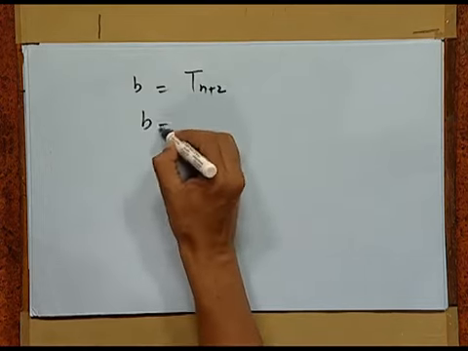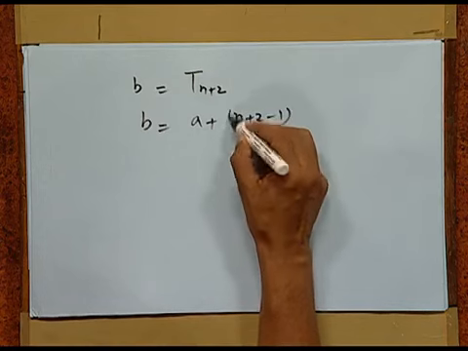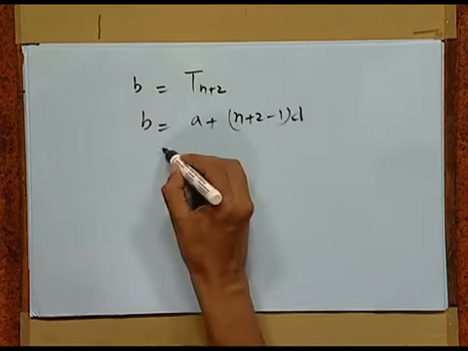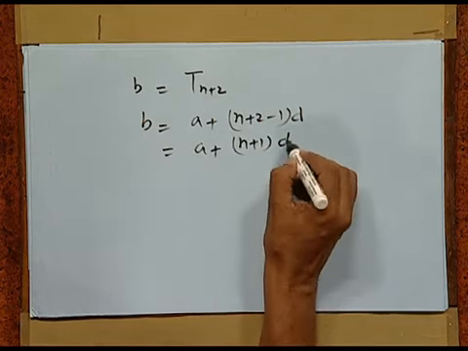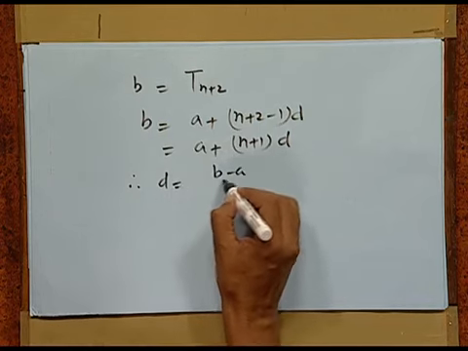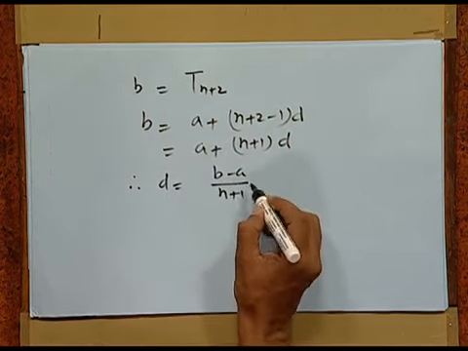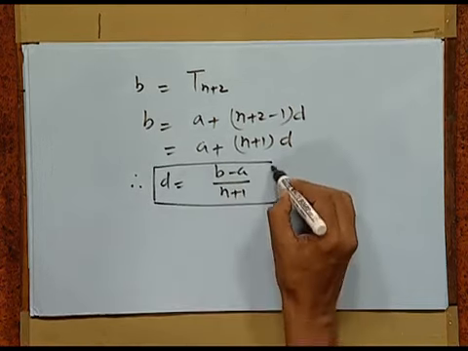So, B is equal to A plus n plus 2 minus 1 times D, that is A plus n plus 1 times D, and hence D becomes B minus A upon n plus 1. Now this is a good result to attack such problems.